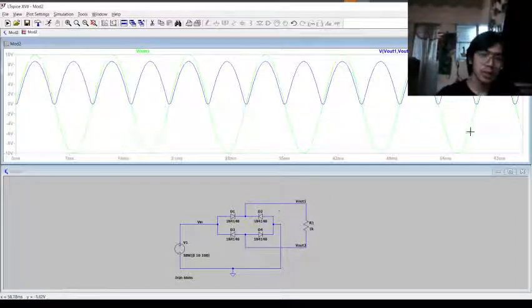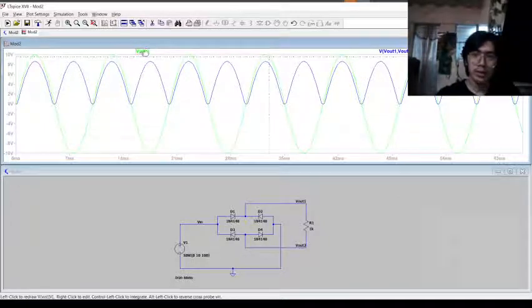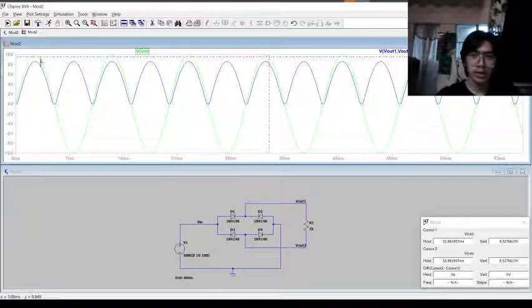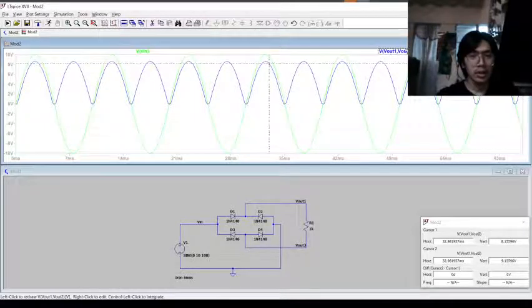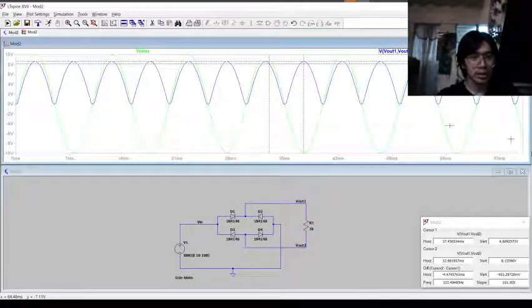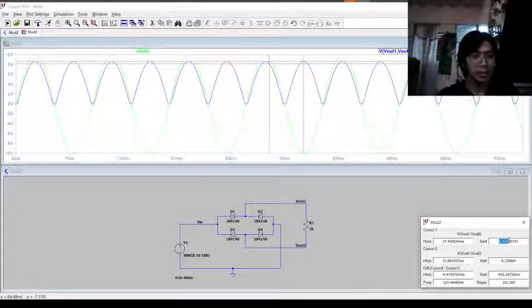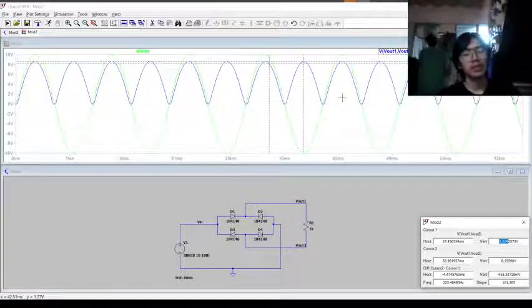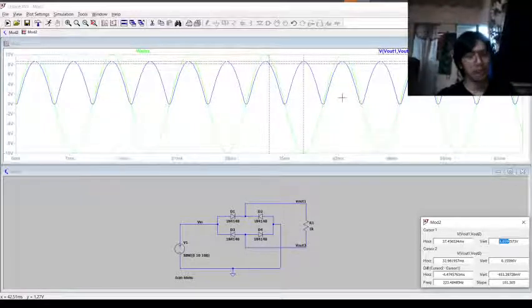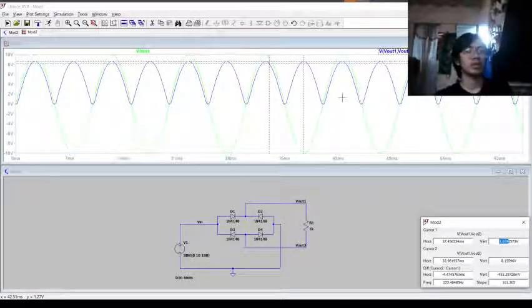So that will explain the discrepancy of our voltage input of 10 volts. So as you can see, that's roughly 10 volts, and our output has 8.6. So as you can see here, 8.6. So this is just 10 volts input minus the voltage drop, which is 1.4.